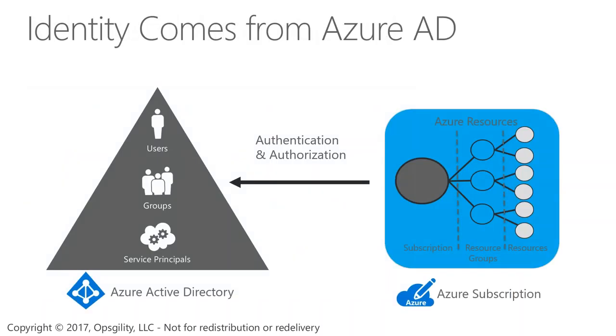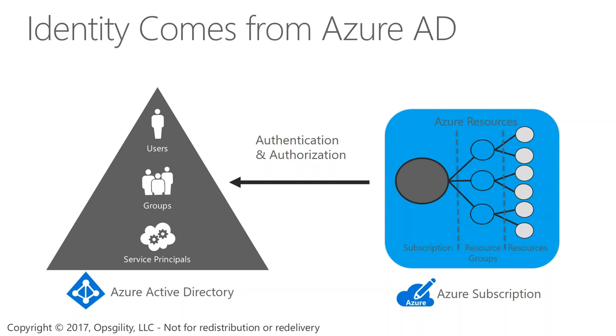So a common question is, where do the identities come from that I'm using when I select or use role-based access control? They're coming from Azure Active Directory. You'll notice here I have an Azure subscription to the right, and every Azure subscription is linked or points to a single Azure Active Directory tenant.